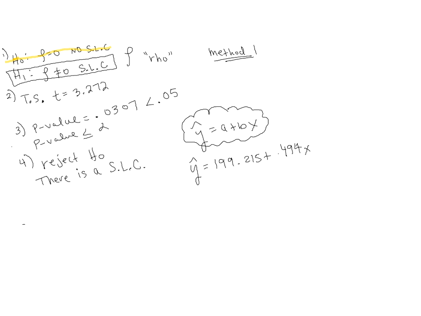So it's a plus bx. And now anytime you're asked to make predictions, you're going to go ahead and use that equation. And that's what the next part of this asks for.